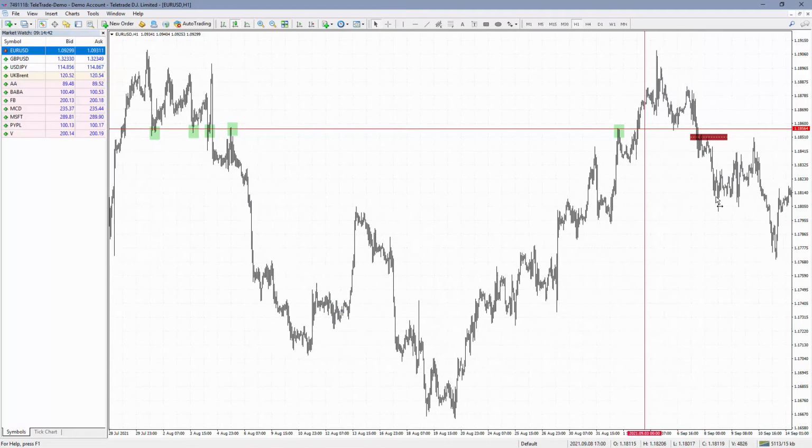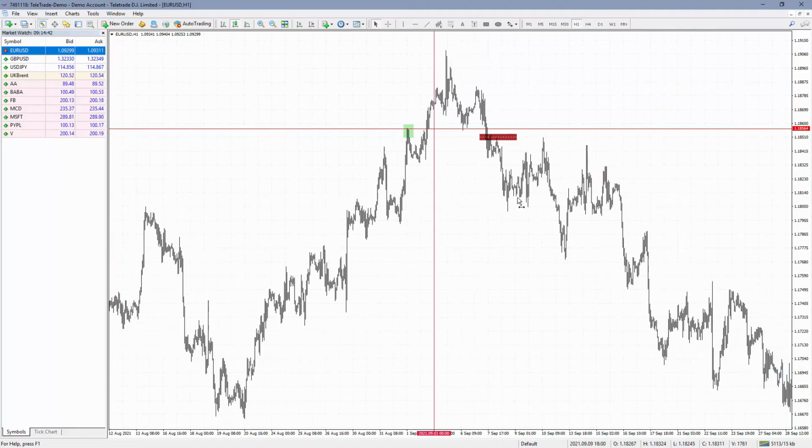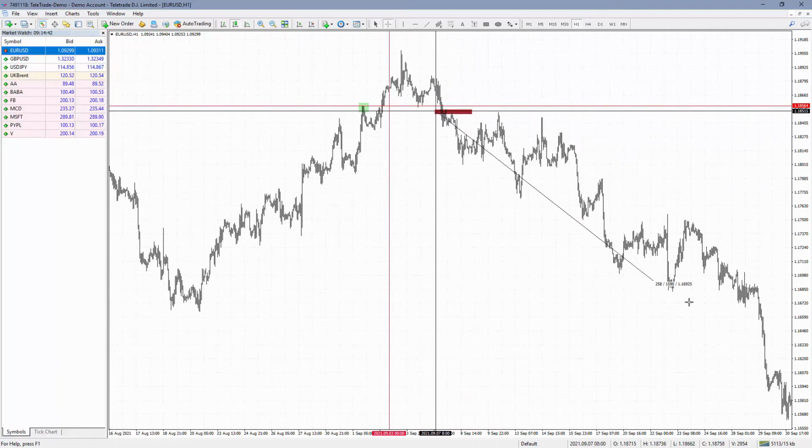As we can see, this level has been successfully broken through and the downward movement is quite strong.